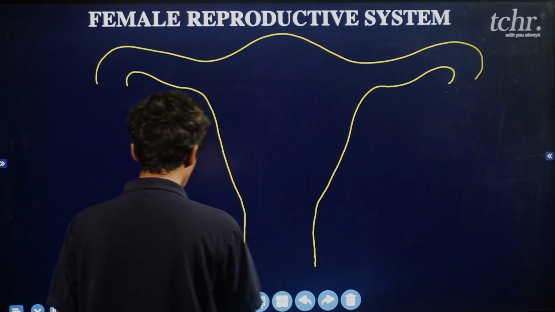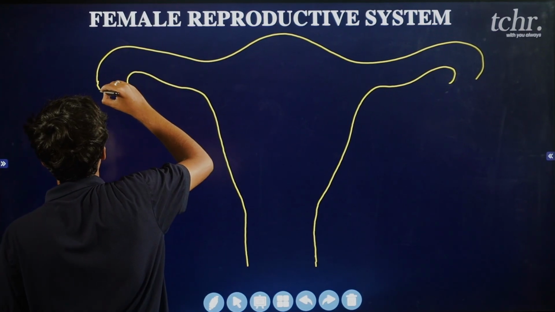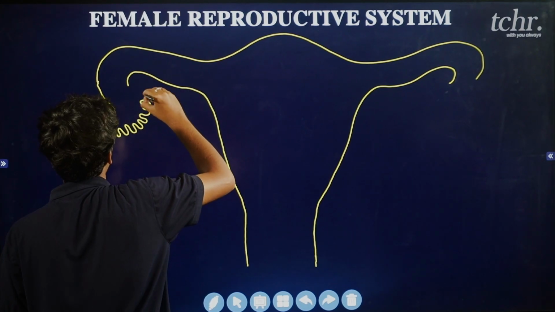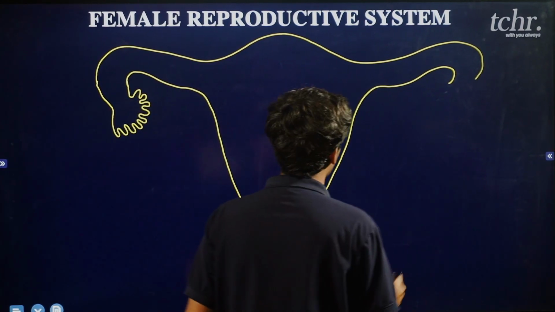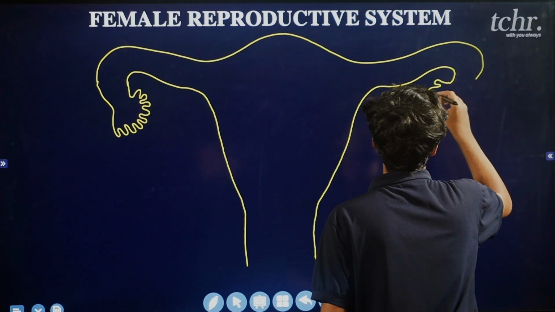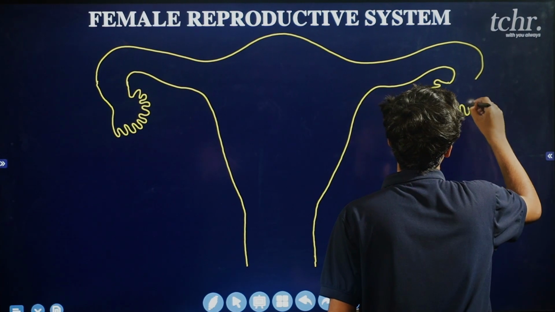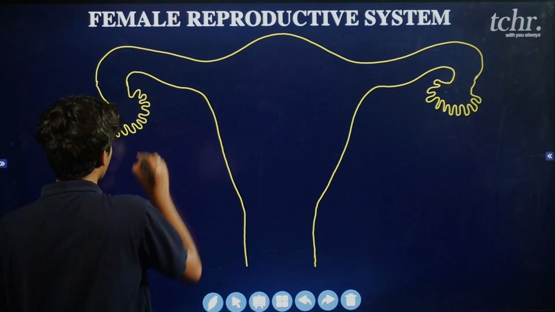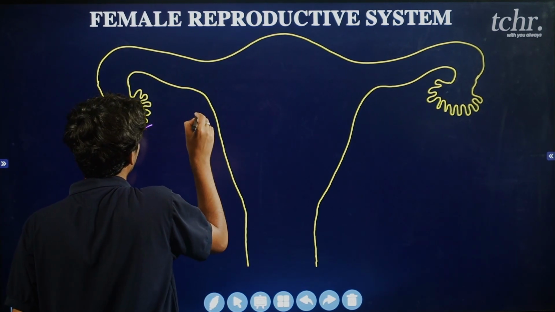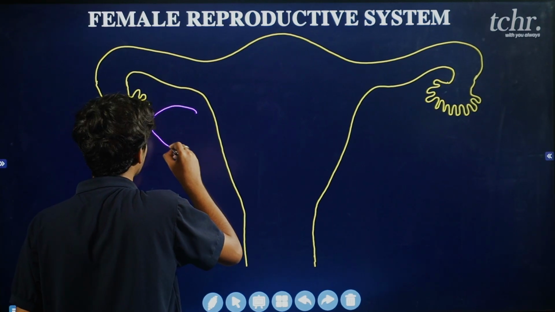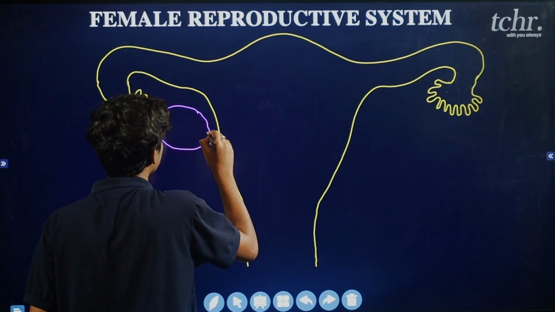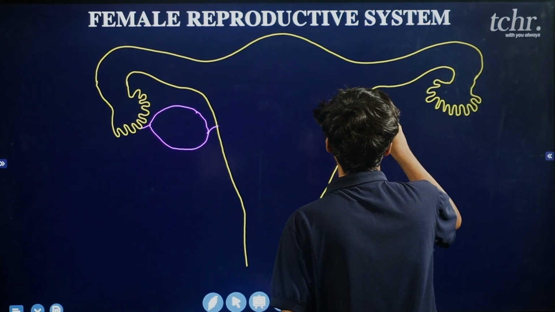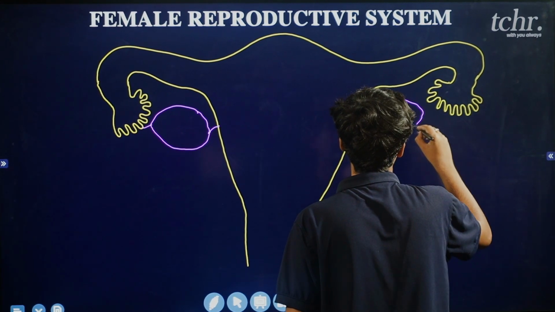Now you can complete this fimbriae on both sides, and then you can connect the ovaries to the ovarian ligaments on both sides of the female reproductive system.